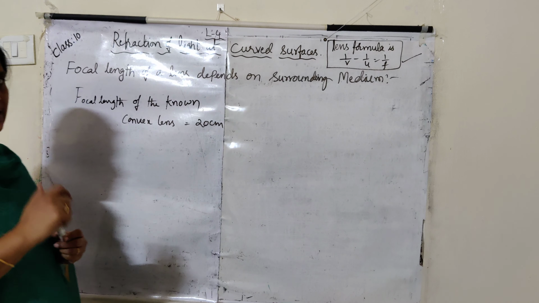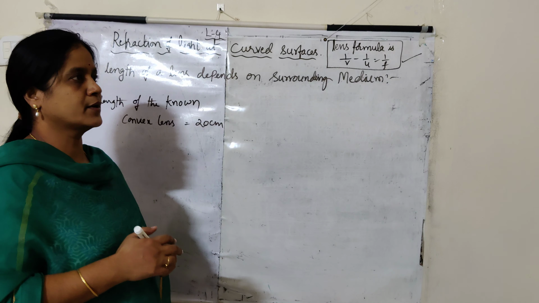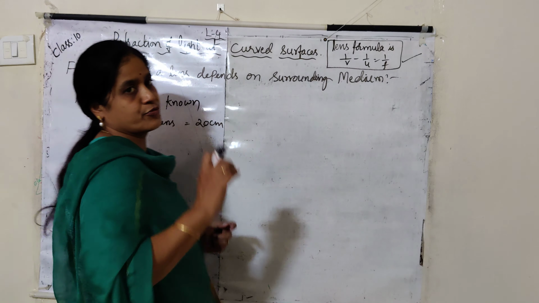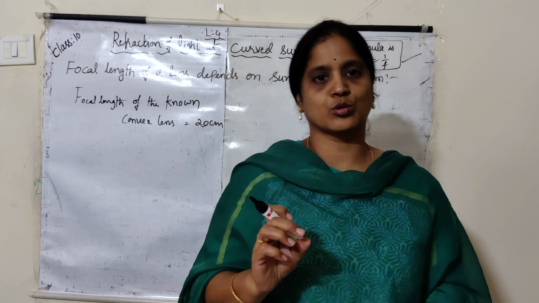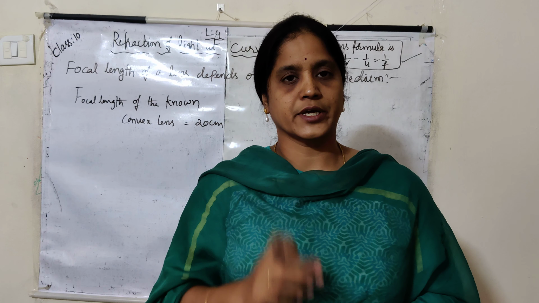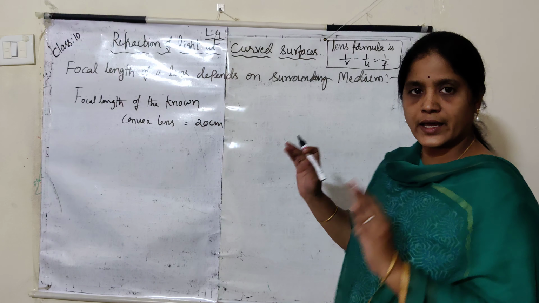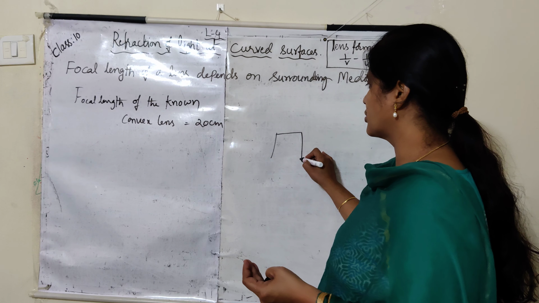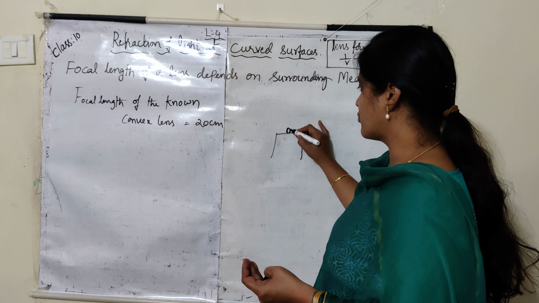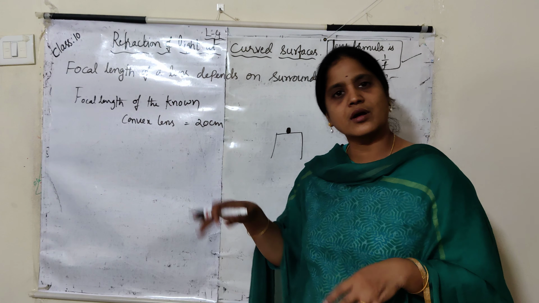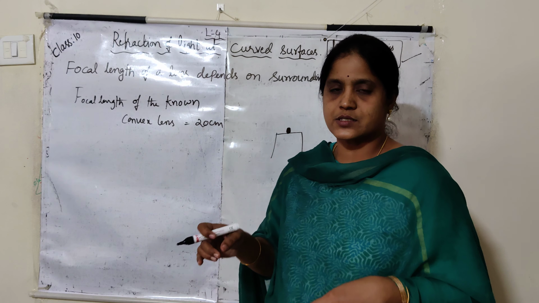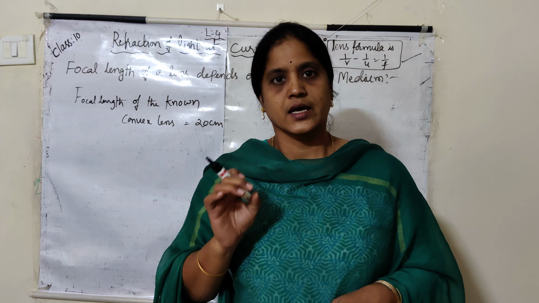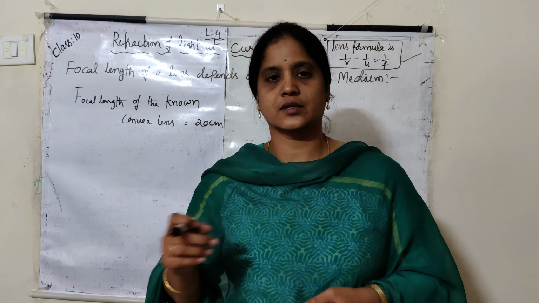Now take that lens and place an object. Either a black stone or any object, placed on a table. In our textbook it was given as a black stone, so we will take that.